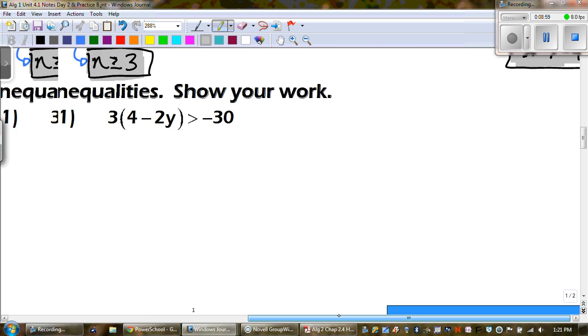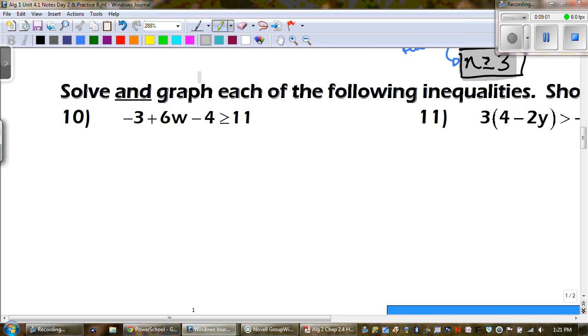Right. Now, the only difference with these ones is that they want us to graph. So we have to combine our like terms first, and we get 6w minus 7 is greater than or equal to 11. You guys can solve it from here.